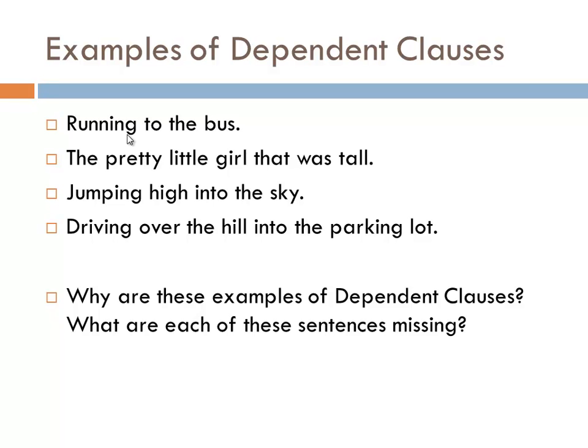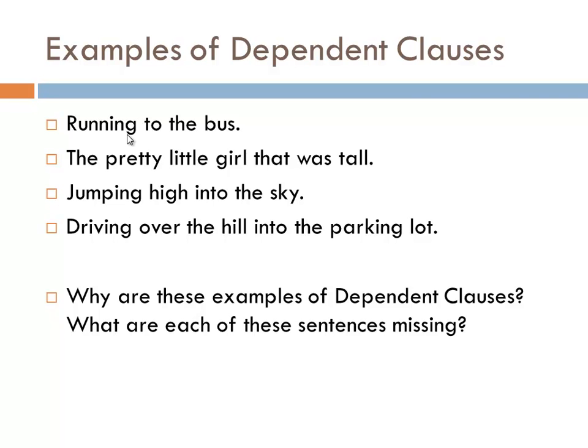Or driving over the hill into the parking lot, comma, the car slipped down. Any way that you can add in a subject and a verb to make sure that was, were, or one of your helping verbs comes before or after driving. So after, meaning after where the period is correctly now, or before the entire sentence.